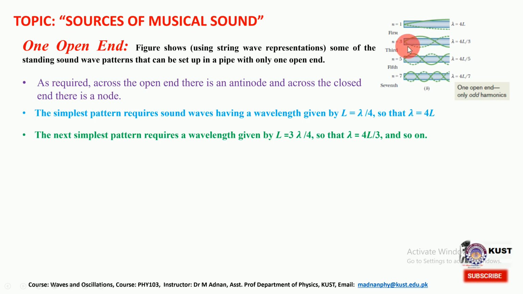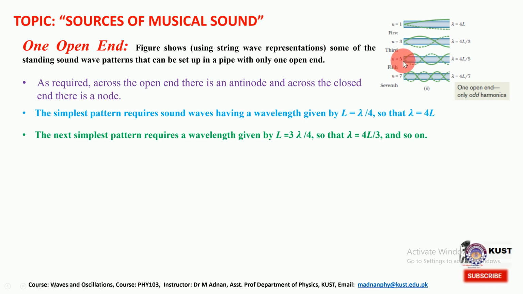So how many lambda by 4 are there? 3 times. Starting from here to here we have 1 lambda by 4, then from here to here 2 lambda by 4, and then from here to here 3 lambda by 4. So that's how we can find out.